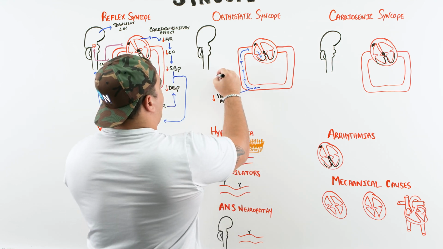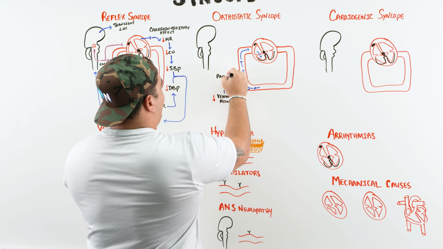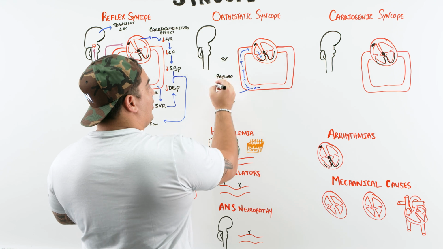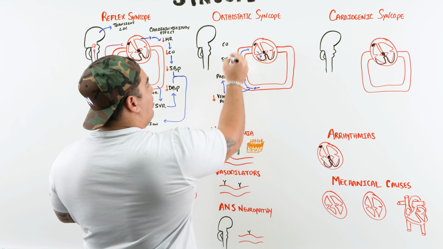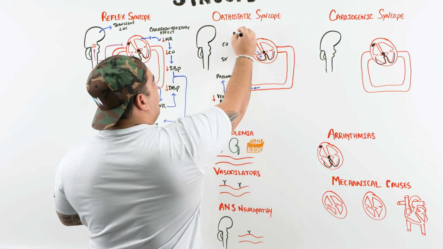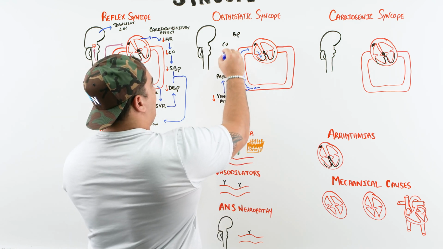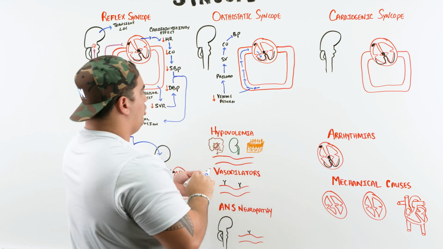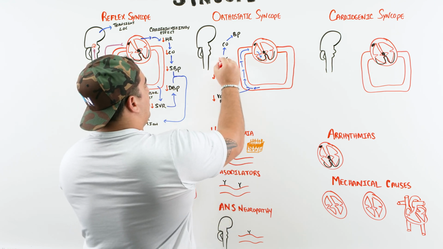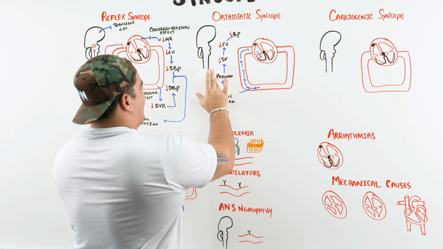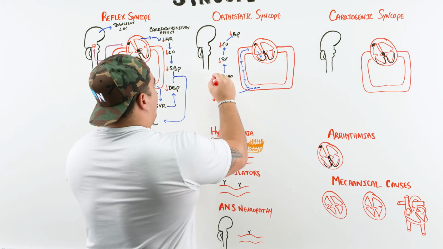You have less preload, or EDV. If you drop your preload, you drop your stroke volume, your cardiac output, and your blood pressure. So if you drop your venous return, you subsequently drop your preload, stroke volume, cardiac output, and blood pressure.